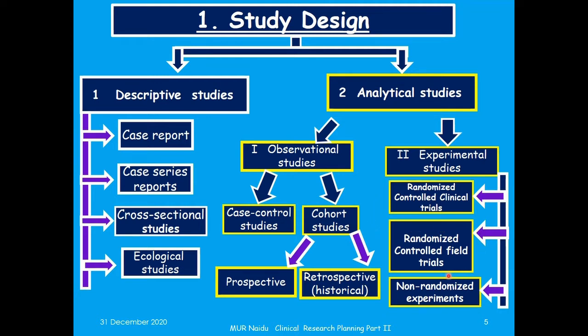A particular area, a particular field, is identified and the effect of a particular intervention or the various confounding factors are evaluated. That is actually randomized field trial. And the third one is non-randomized clinical trial. So these are the trials that come under the various study designs.